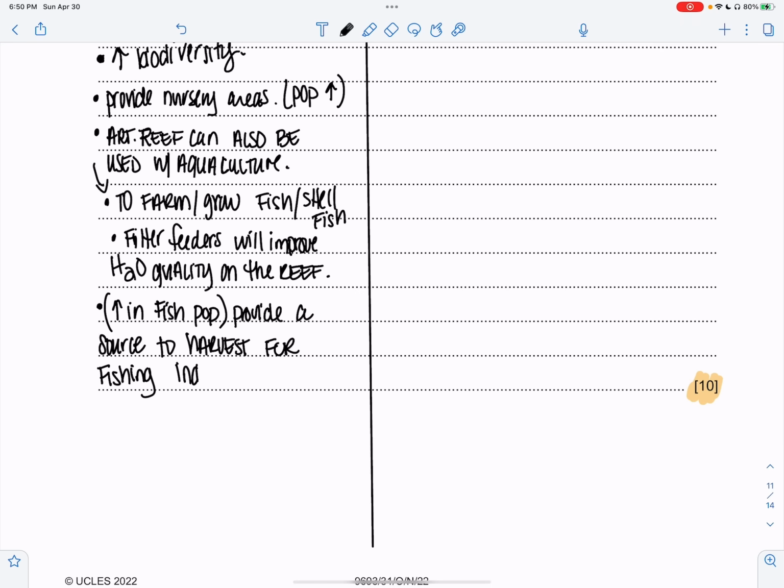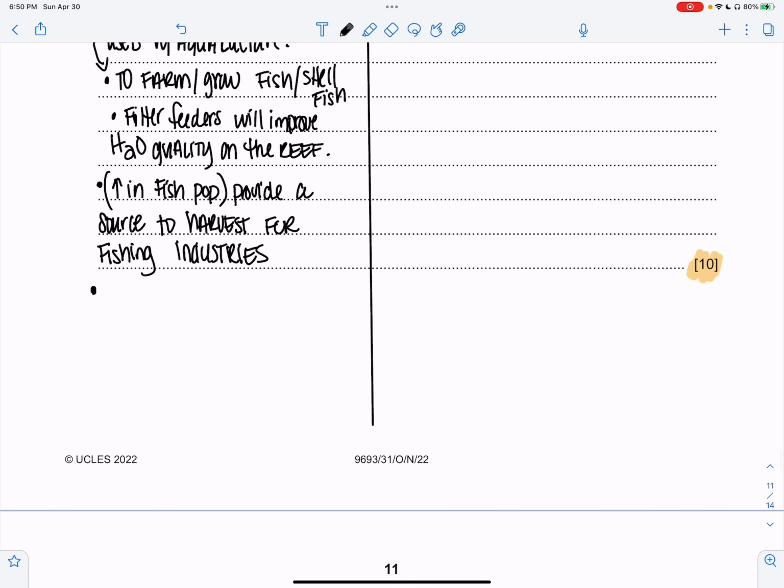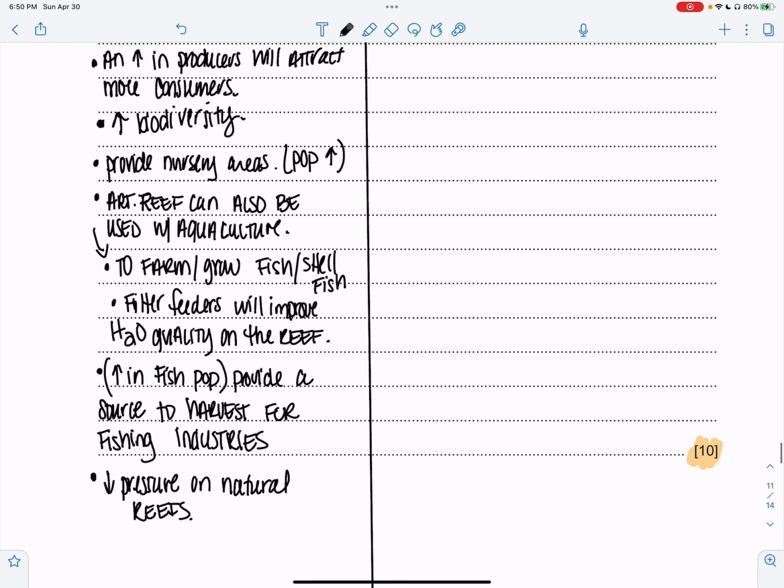And there may be another way that you can say that. Like there'll be an increased amount of fish to like provide income for fishing industries. And all in all, this will reduce the pressure, decrease the pressure on natural reefs. The pressure is already there from the fishing industry.